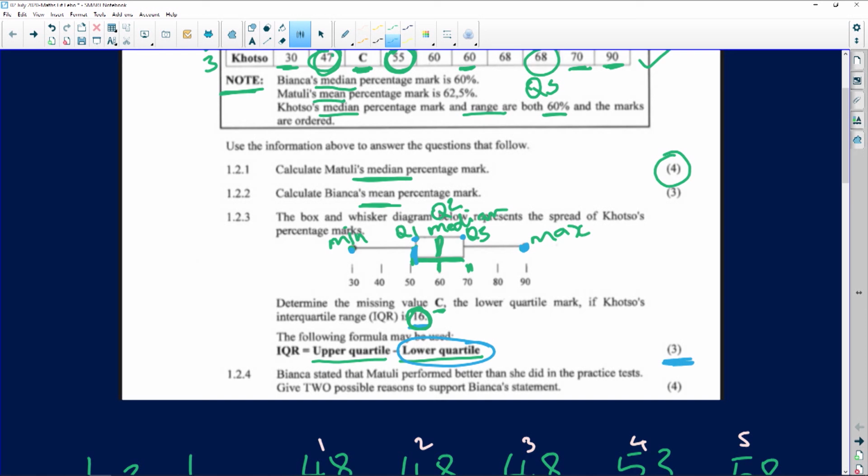Beautiful. Bianca stated that Matuli performed better than she did in the practice tests. Give two possible reasons to support Bianca's statement. Whenever you are given something like this, you need to know that you are comparing.